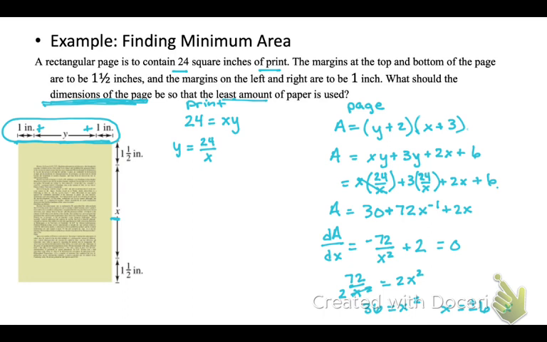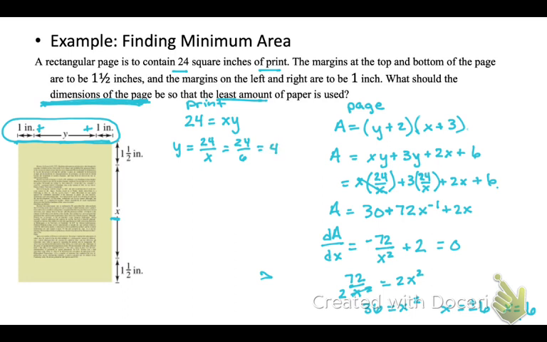But it's a measurement on a page. Or are we finding the critical numbers right now? Mm-hmm. So I have x equals 6. But the question is, what are the dimensions of the page that will use the least amount of paper? So x is 6, so y is 4.